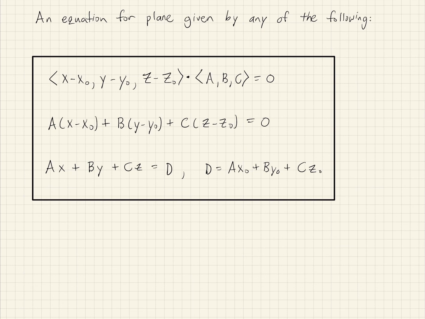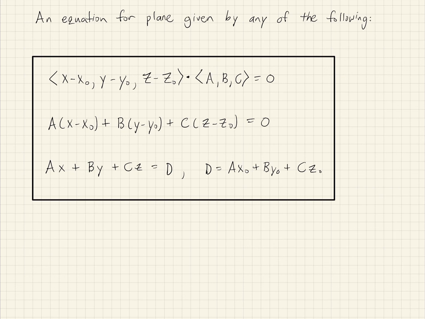And then the third form: you multiply out, distribute the multiplication on these three terms here, collect the ax plus by plus cz all on one side, and then set them equal to d, where d is just the stuff you get here. This is just what you get when you distribute this multiplication and add everything constant to the right.